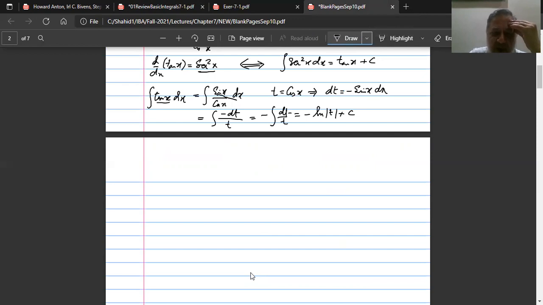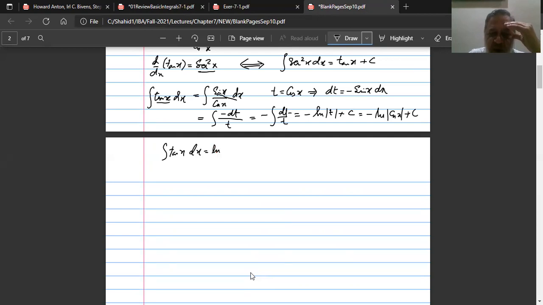Now this result, that is the integral of tangent x, can be written in two forms. One form is minus log of cos x, where t is equal to cos x, plus C. But if I take this minus 1 into the power of cos, it becomes 1 upon cos, and 1 upon cos is secant.